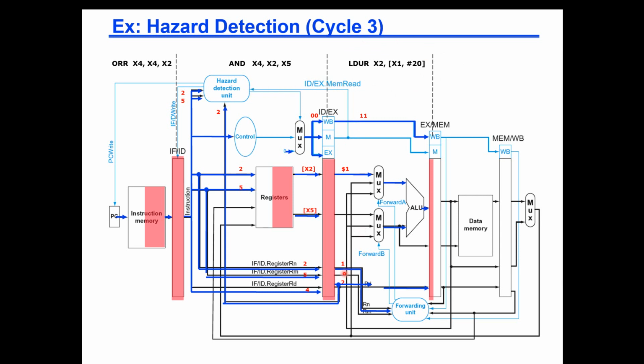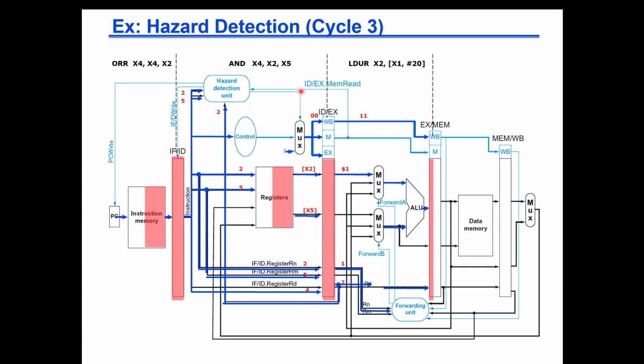Also, the destination, so X2, the address for register 2, is here. So we are going to compare that, and we see that this instruction over here, which is sitting over here, has the sources 2 and 5. So if this one is equal to one of those, I have to stall.